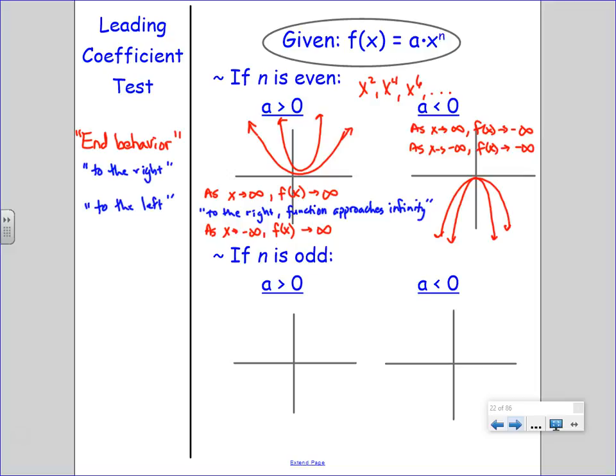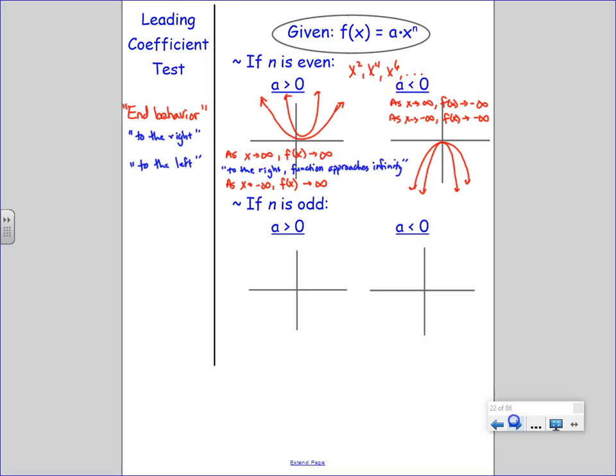Now what's going on with odd functions? If a is positive, it's going to have that normal cubic parent function type graph, whether it's steep or whether it's wide. Just setting it up.